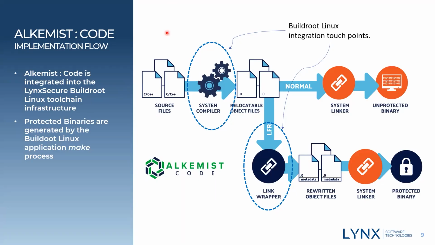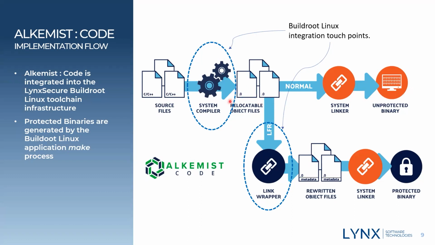To make use of the Alkemist code technology within applications, the normal flow of creating an application is you take your source code files, compile them using your standard toolchain, and link them into a binary executable.